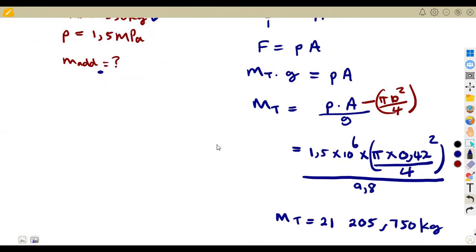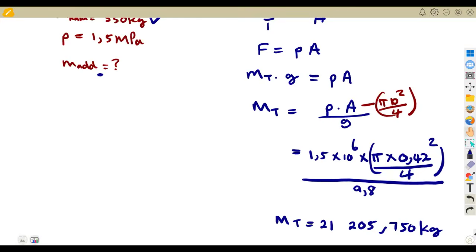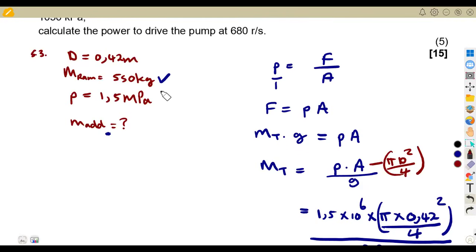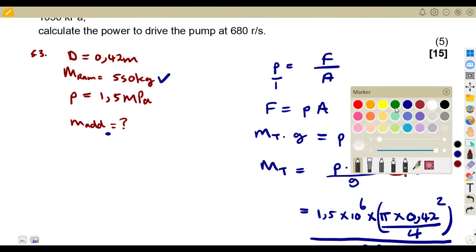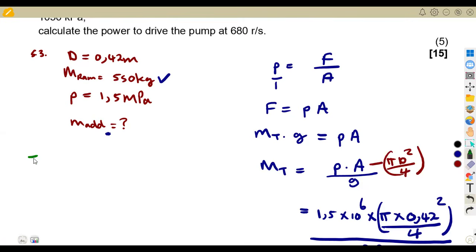But remember that the total mass is a combination of these two. So the total mass is equal to the mass of the ram plus the additional mass to be added.